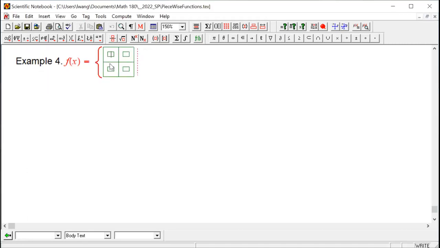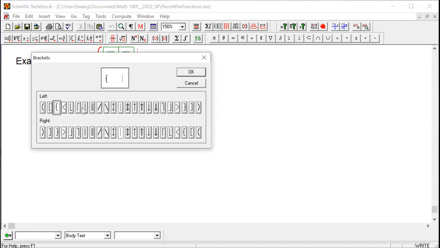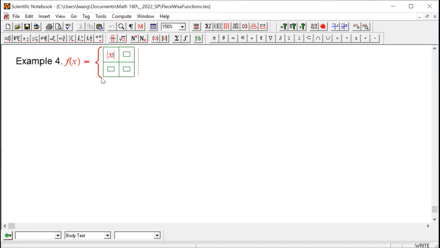These 2 pieces are the absolute value of x if x is less than 2, and the next one is the square root of x minus 2 if x is greater than or equal to 2.